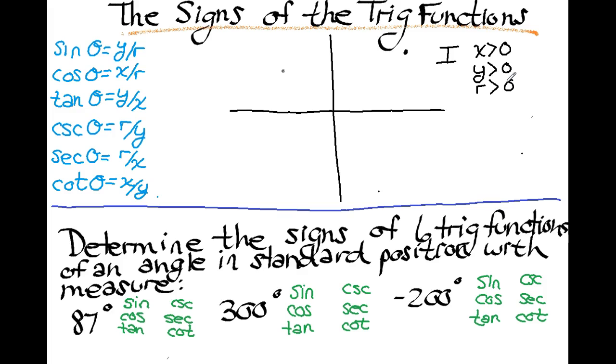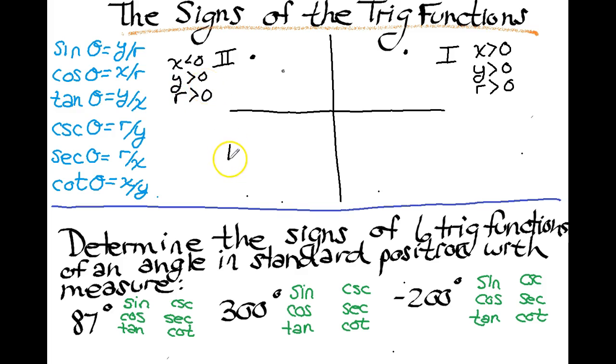From one of the earlier videos, if you remember, I said that r will always be positive. So how about in quadrant 2? If we picked a point in quadrant 2, we know the x value is always negative. The y value is still in a positive direction, and again r is going to be positive.